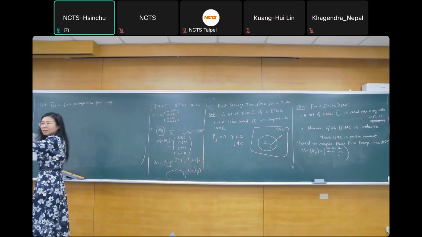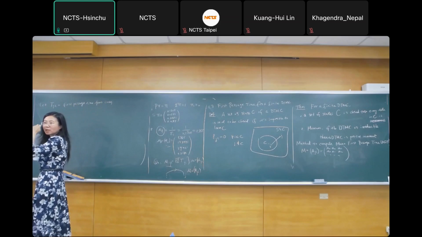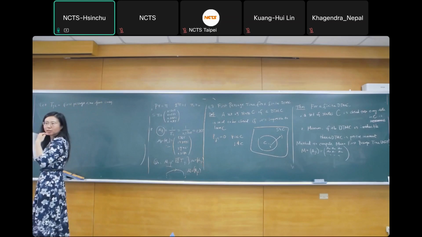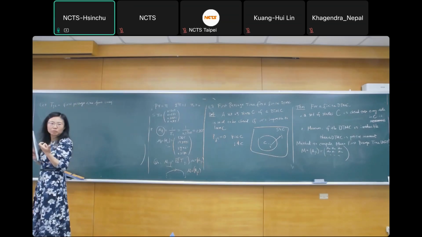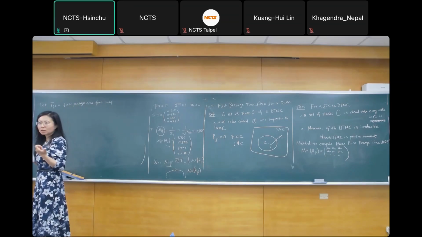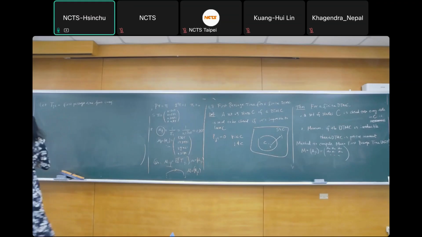You start with I, and it tells you the first time you come to visit J. This is a stochastic event. Every time you run the simulation and run a sample trial, this will be different. Sometimes it could be sooner, sometimes maybe longer.